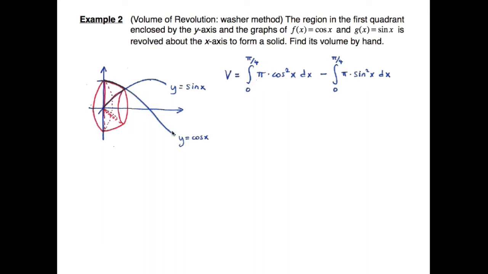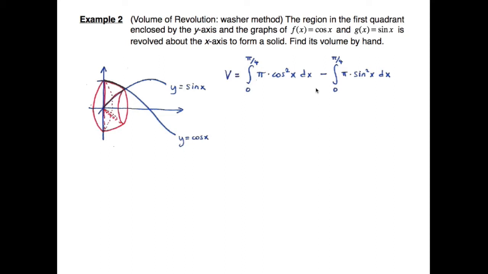So the function above is here, it's cosine x. So each disk has an area of pi r squared, which is pi times cosine squared x. And when we integrate that, we'll have the volume of the entire block.